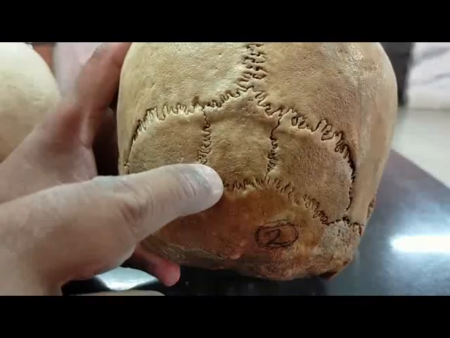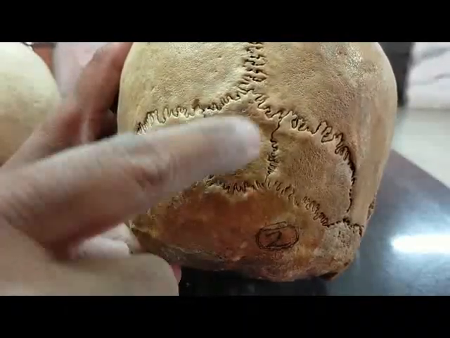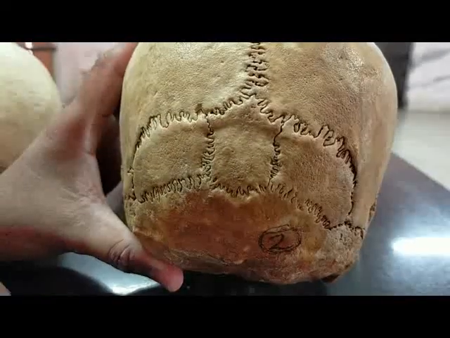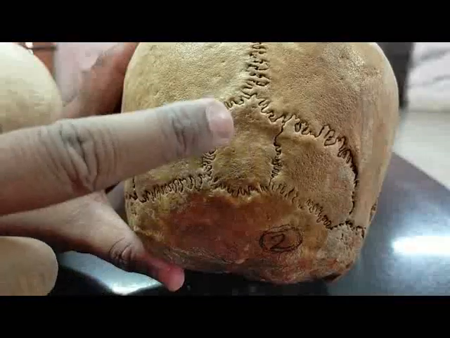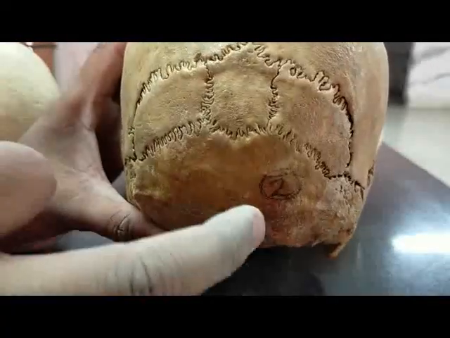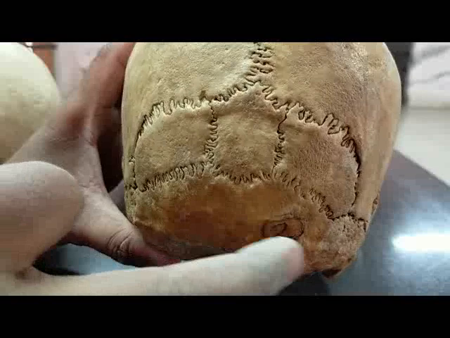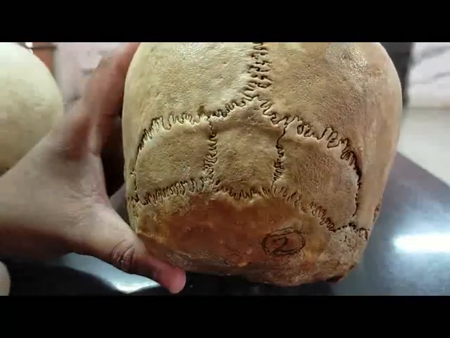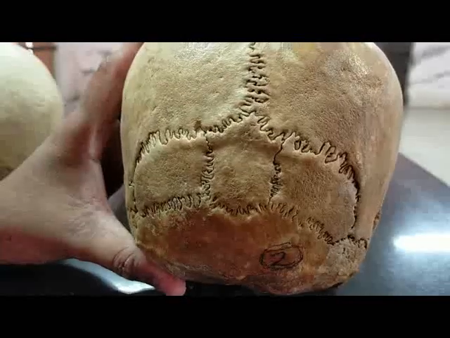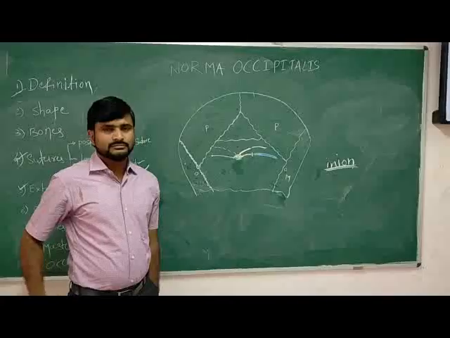It is not a suture. Clear? It is the membranous part of the occipital bone. It represents the membranous part of the occipital bone, where there is failure of fusion with the rest of the occipital bone. These types of bones we call interparietal bones. These are occasionally present.